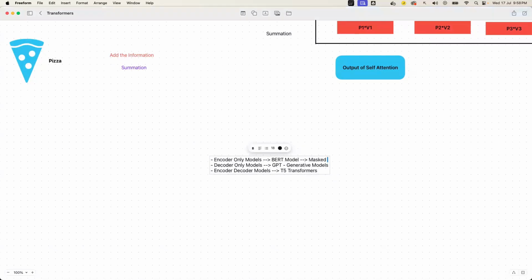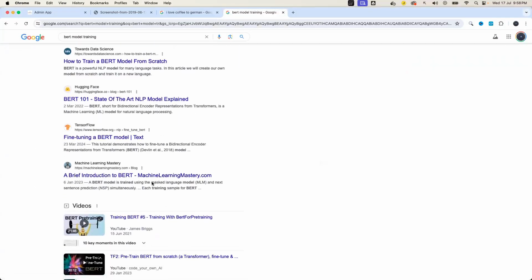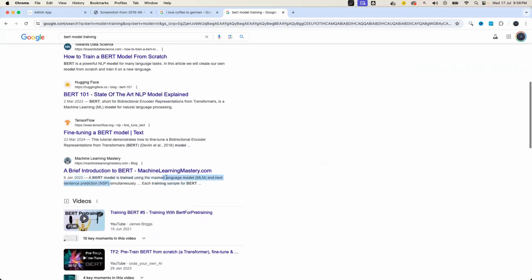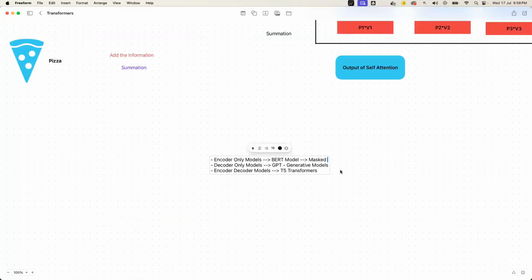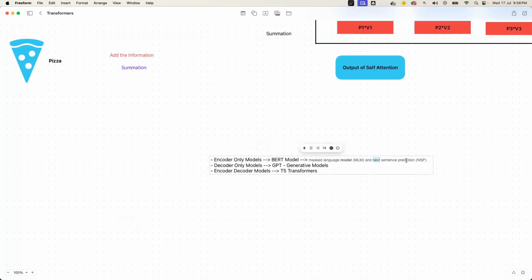It has been trained on masked language model and next sentence prediction. So based on these two tasks, the BERT model, that is the encoder only model, has been trained.